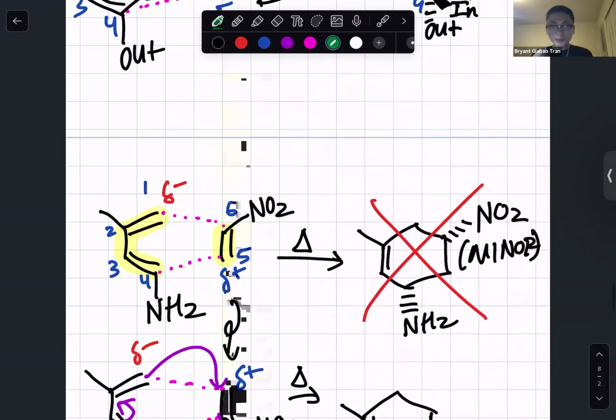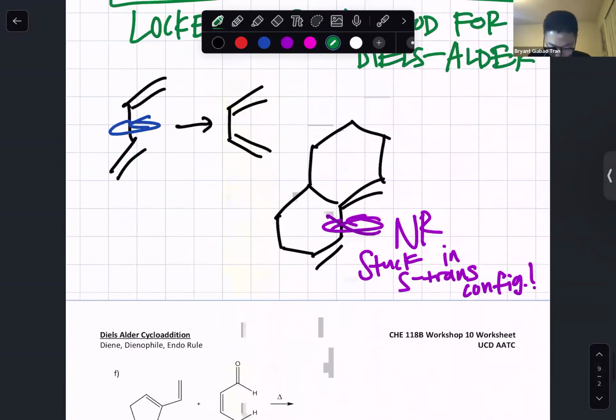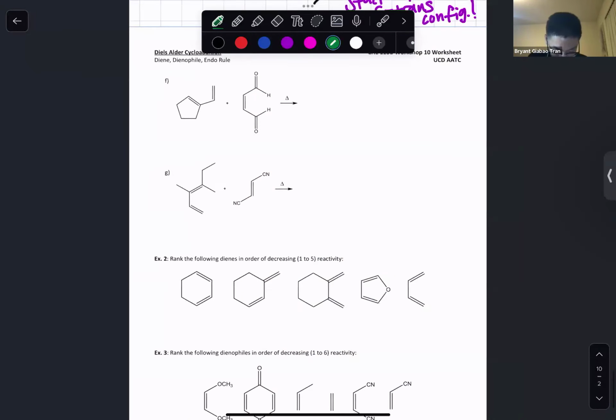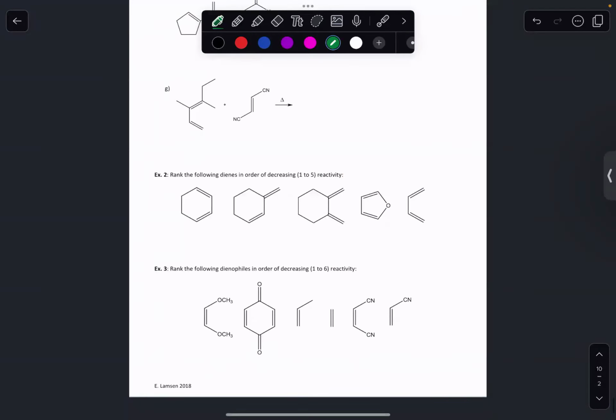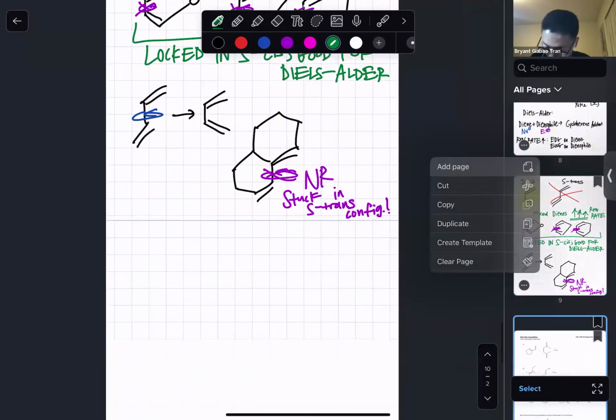Right. Any other questions, or do you guys want to go over one more Diels-Alder reaction, like a tricky one? We can look at a tricky Diels-Alder. Okay, let's do a tricky one.